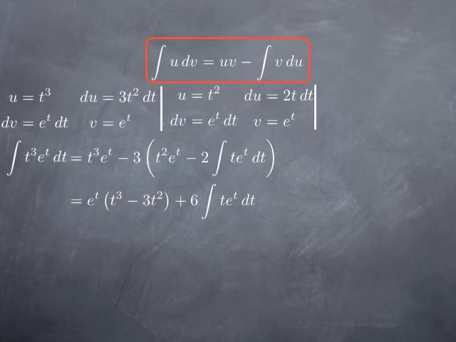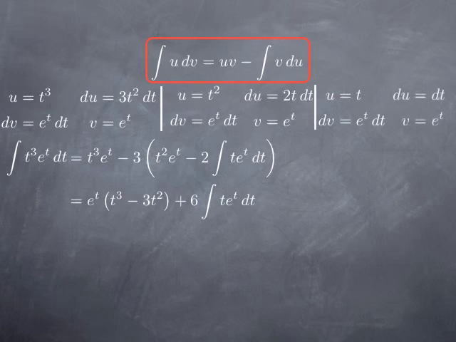Well, we're still not done, but as expected, we now have an integral of something of degree 1 times e to the t, so if we do it once more, we should get just a constant times e to the t. So we're going to again differentiate t, integrate e to the t.